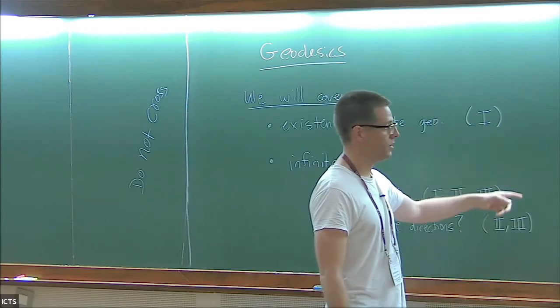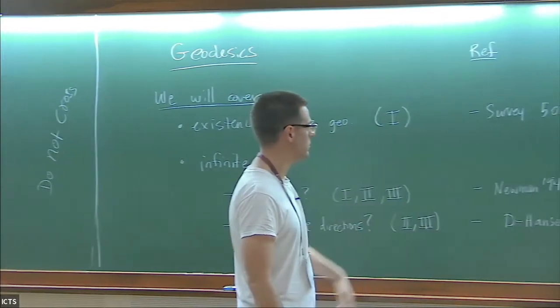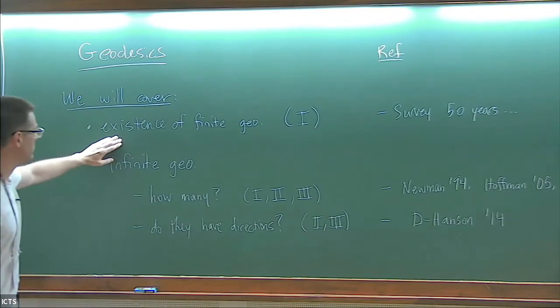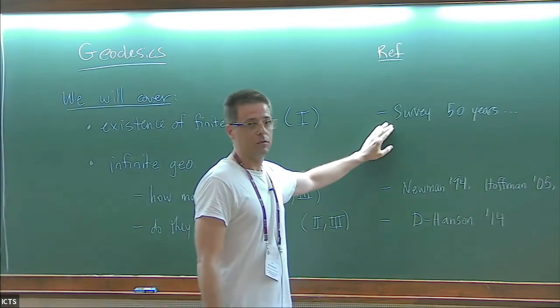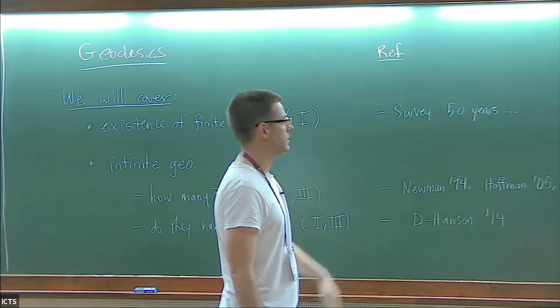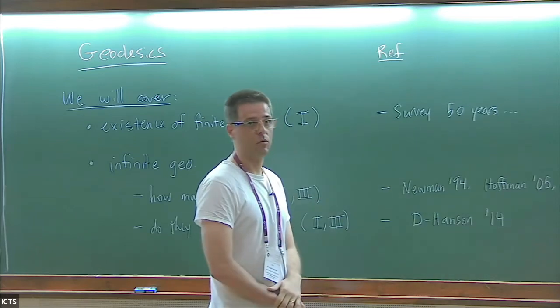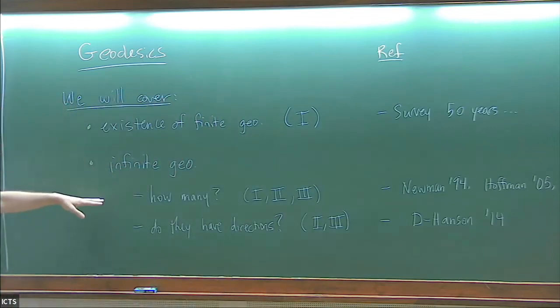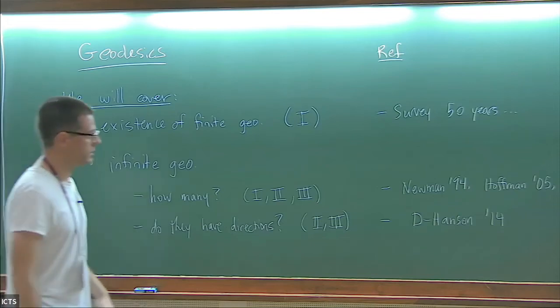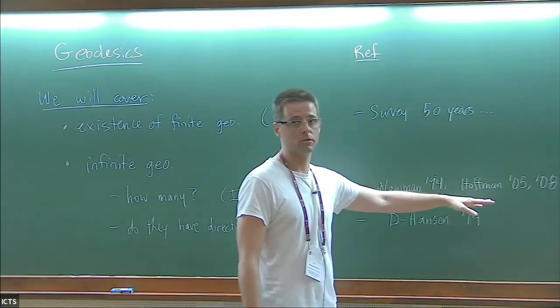So here are the main references for the material. I think this stuff on existence of finite geodesics you can find in the book 50 years ... at the beginning of chapter 4. And then this material is also pretty much in the book, but here are the main papers to look at.